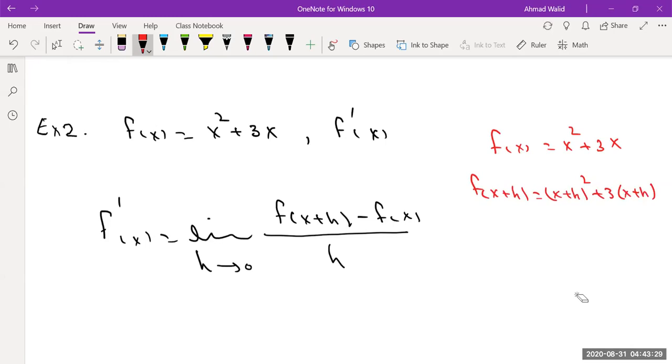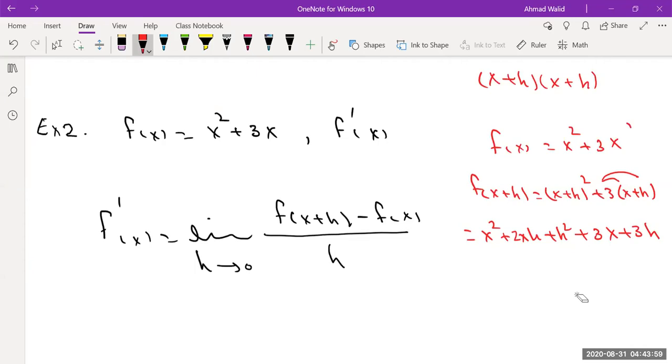If you simplify this, it's equal to x squared plus 2xh plus h squared. I'm using the a plus b formula. Don't be shocked why he is writing so fast. Instead of x plus h, if you are slow, you can do this, x plus h times x plus h, right? You will end up with this. And also I am distributing 3 here, plus 3x plus 3h.